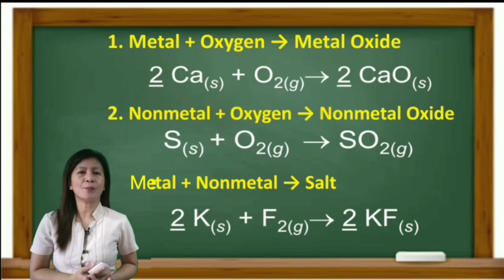Number 2, non-metal and oxygen to form non-metal oxide. So if you have number 1, metal plus oxygen to form metal oxide, you also have non-metal and oxygen to form non-metal oxide. One simple example is the combination of sulfur and oxygen gas. That will form sulfur dioxide. Unlike number 1, that is ionic, number 2 is covalent.